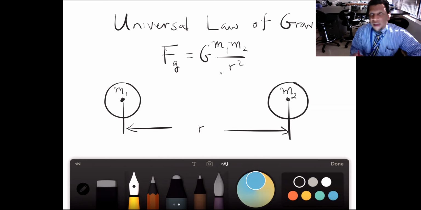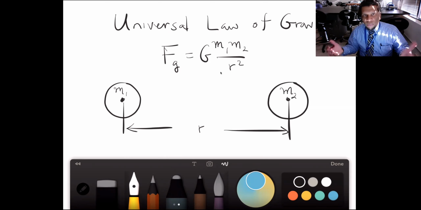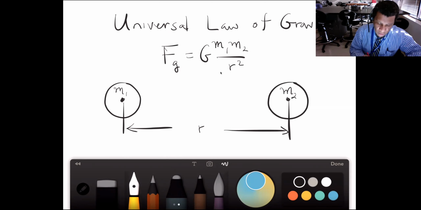So we know those masses. If you can put them on scales, you know the masses. And then of course we have G, but that's again just a constant. And F sub G is the force acting along the line connecting the two objects.